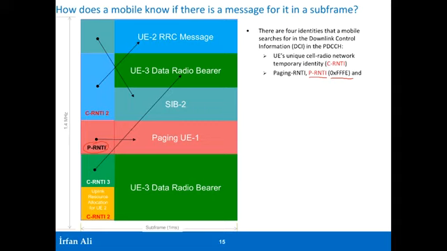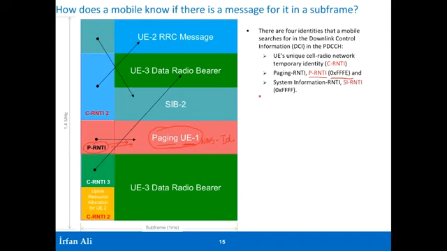All mobiles look at the paging, and they figure out whether the paging is for a particular mobile by looking at the content of the page message. All mobiles have the same P-RNTI, so they would all look in over here, and then they find out whether the page message is for them by looking at the unique identity, which is a NAS level identity. This is an identity which is provided from the MME in the message itself.